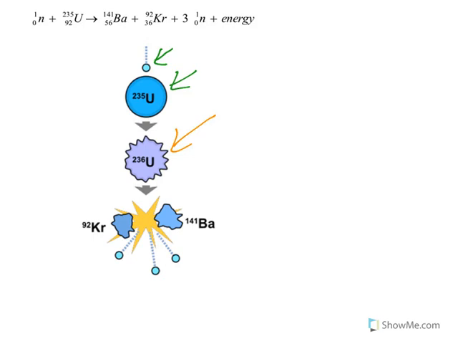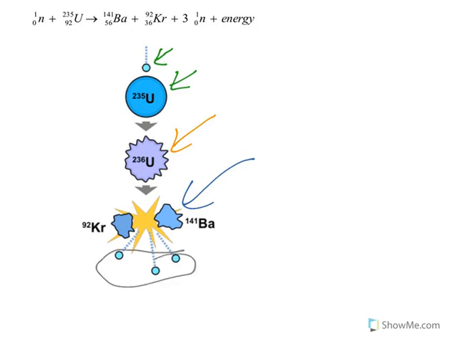Rather than undergoing nuclear radiation and decay in that sense, it's made the nucleus so unstable that it splits up into a couple of different atoms, and then gives off more neutrons.